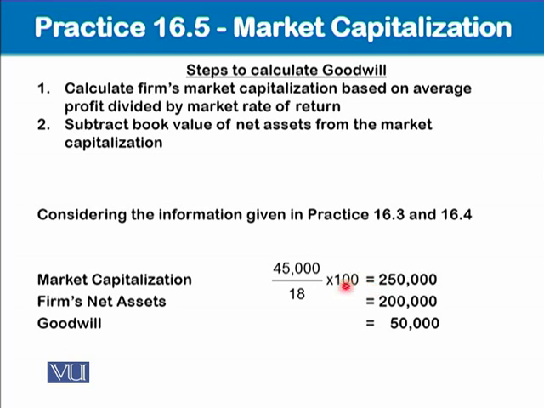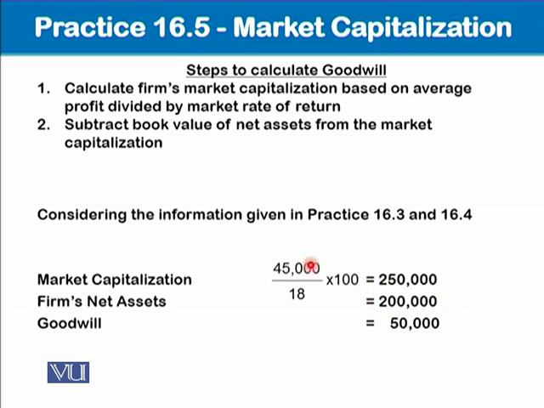So we are earning this profit in just 200,000 capital, means that 50,000 is something which is our goodwill. So because of this much goodwill, we are making profit of 45,000, which is greater than the profit that we would have worked out had this much amount been invested in the market.